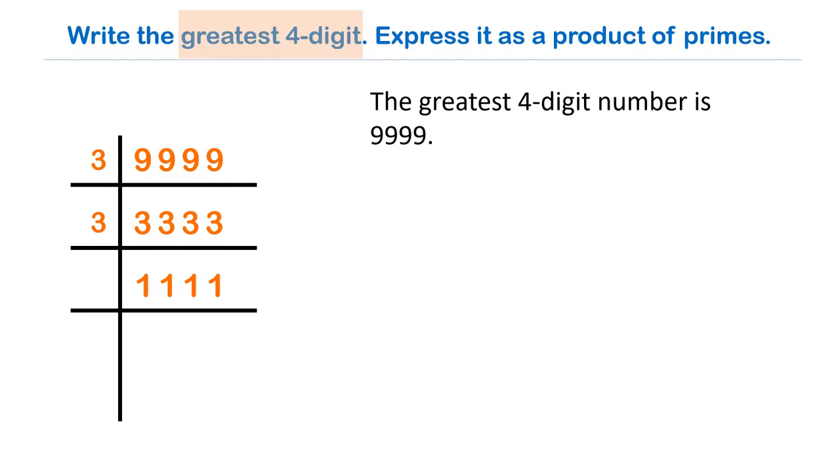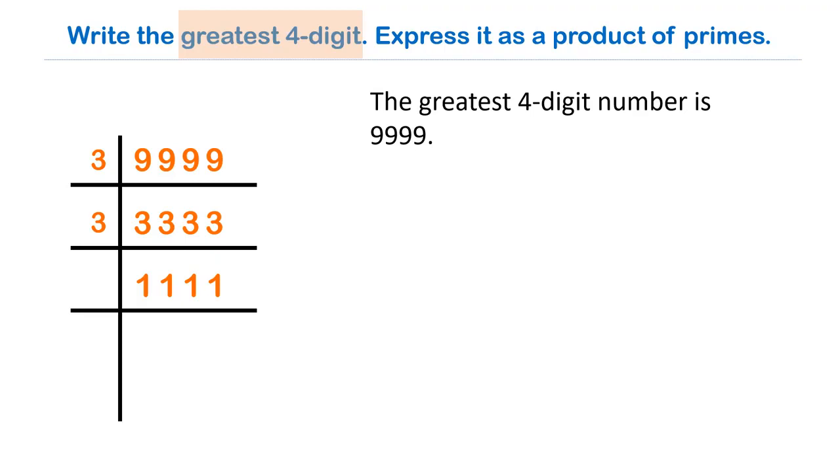Now we take the next prime number 5. To check whether 1111 is divisible by 5 or not, we see the last digit. Since the last digit is neither 0 nor 5, 1111 is not divisible by 5.